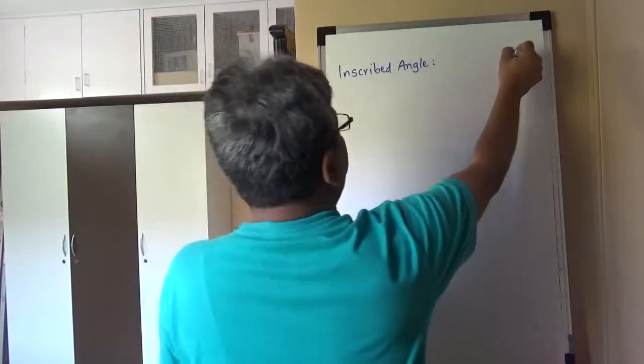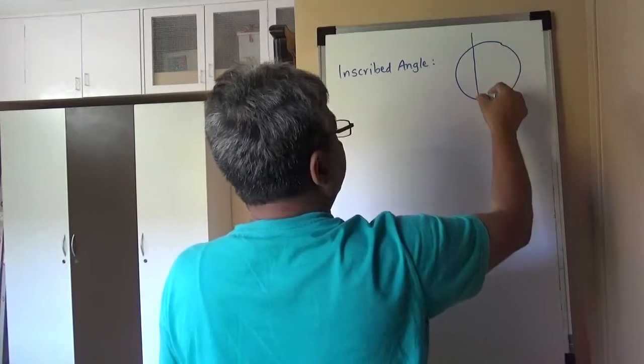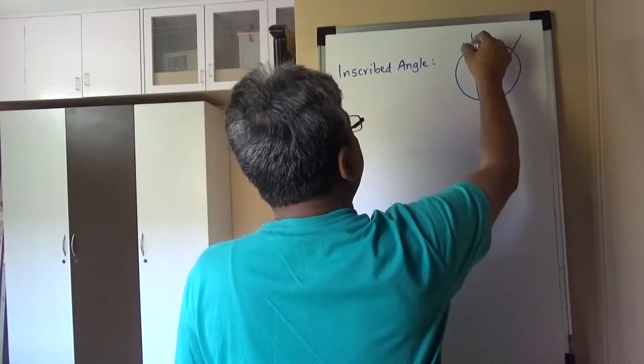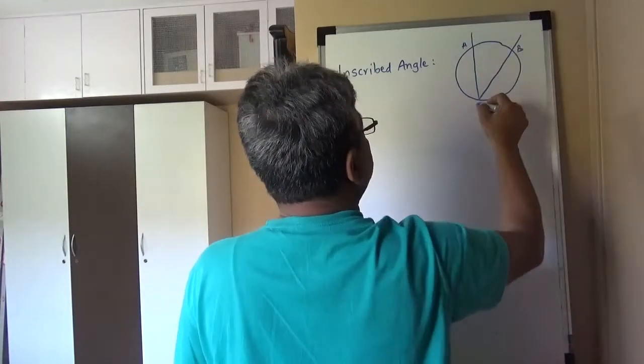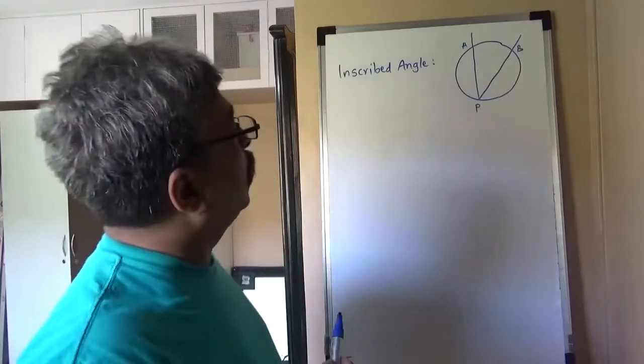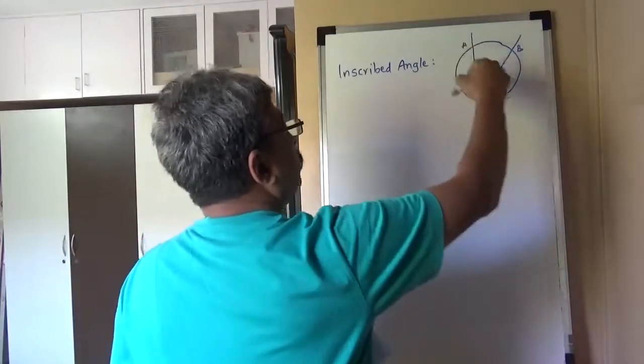Now, inscribed angle is something like this. If you have a circle and you have an angle whose vertex is on the circle, and suppose this is A, this is B, and this is P, then we call this angle inscribed in an arc APB.